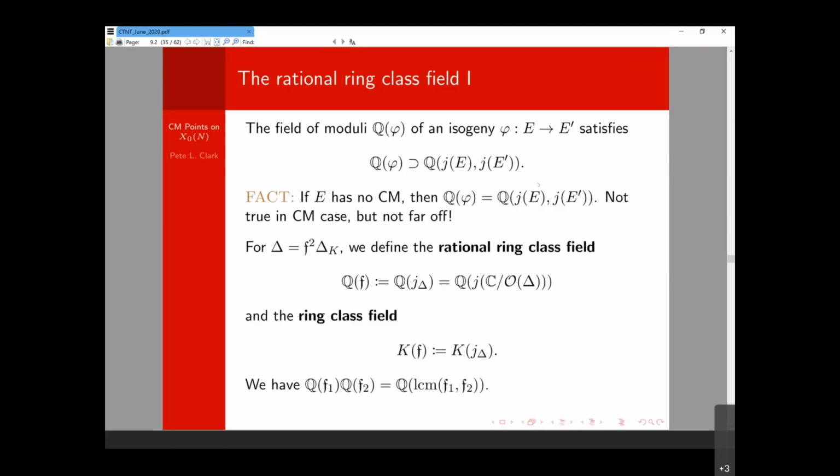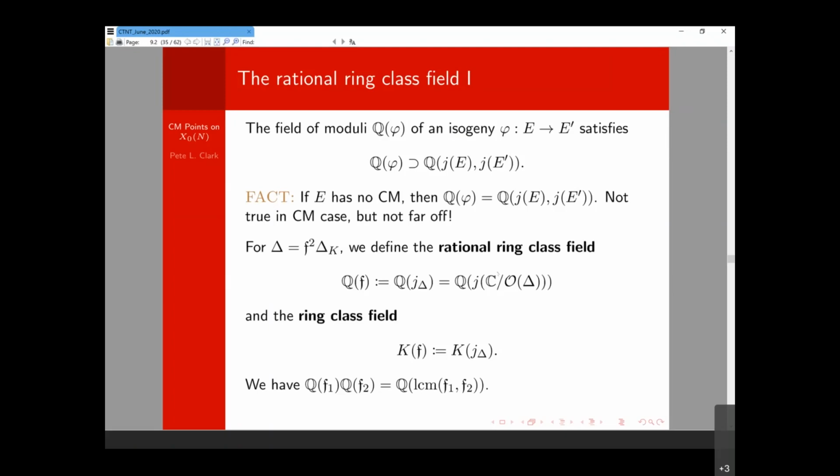Okay, so to move on, again, I have my delta. I'm kind of viewing my imaginary quadratic field K as being fixed here for what we're doing, and so the notation is sort of suppressing K. And so now I want to define a very important field. I'm going to call it the rational ring class field. So this is literally just Q adjoined my favorite CM j-invariant with discriminant delta, my little j. So there it is.